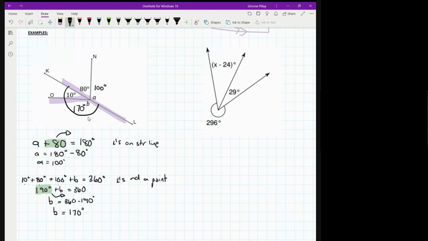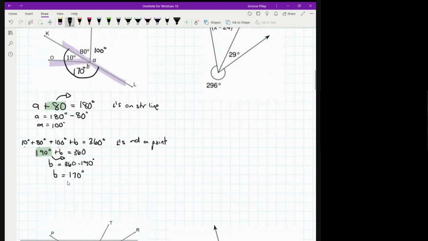So what I could have said is 10 degrees plus B equals 180 degrees. Why? Because of angles on a straight line. And I could have then said B is equal to 180 minus 10, and B is then equal to 170.